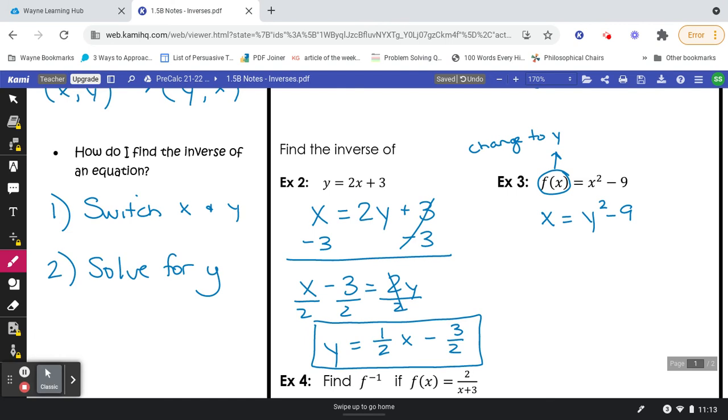Change to y. All right, I'll add 9. So x plus 9 equals y squared. Then you want to get the y by itself, so by getting rid of the square, you would need to square root. Again, I'll bring the y in front. I just think it looks better as an answer. And you have the square root of x plus 9.